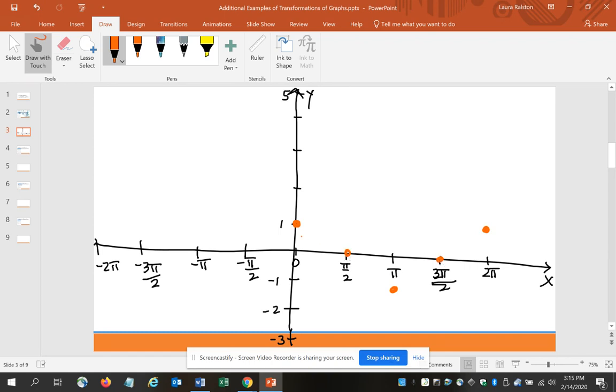So if you think about it as a pattern, you have 1, 0, -1, 0, 1, so that you have this basic shape of the cosine curve. If I go backwards or rotate negatively, again, you still begin at 1, you're still going to end at 1, you're going to mid at -1, and you're going to have zeros in between.